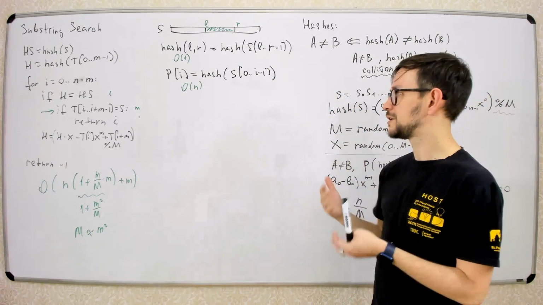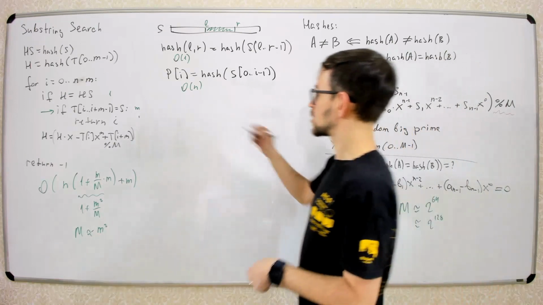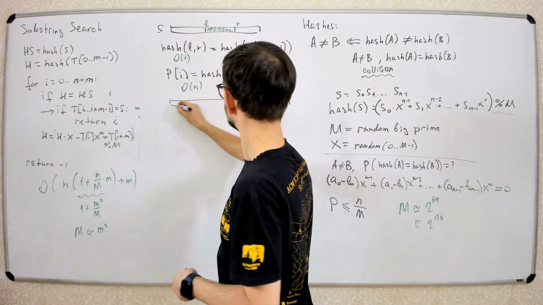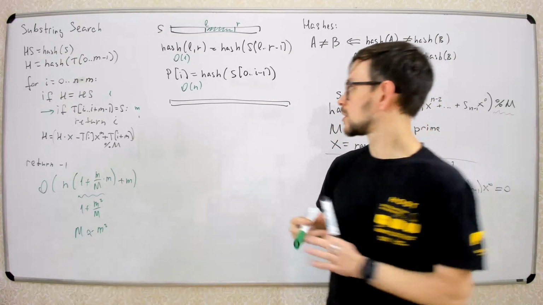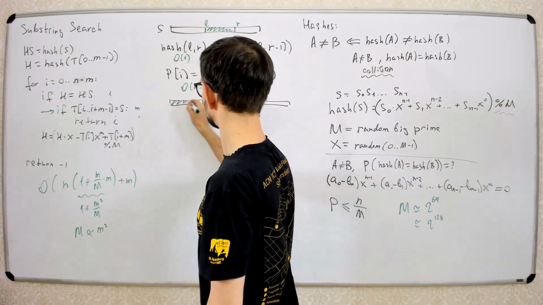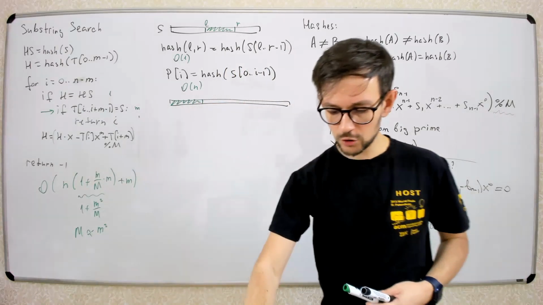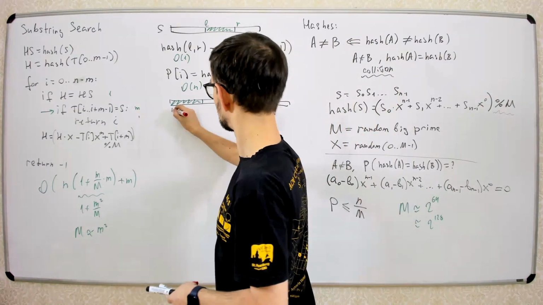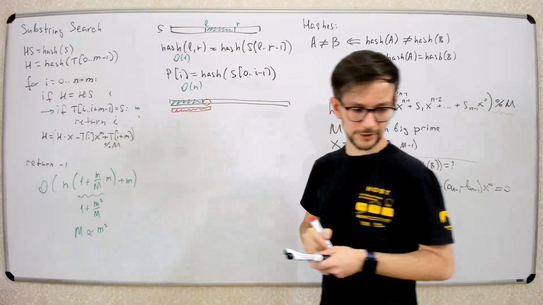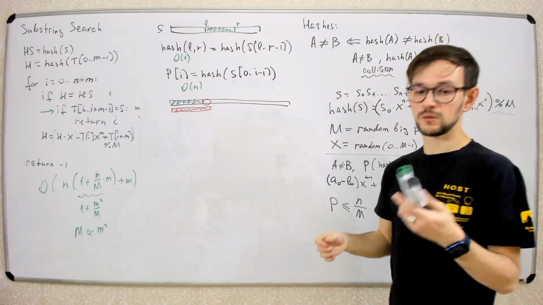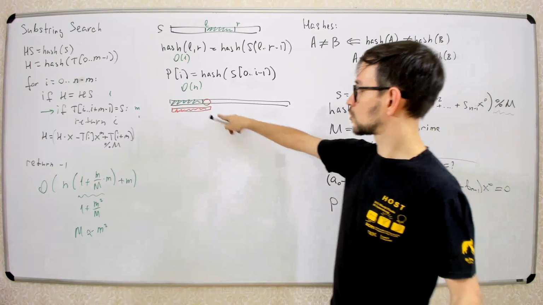It's pretty easy. The hash function of some prefix is just a polynomial. You have this polynomial, and you want to add one more letter to it. How to calculate the next polynomial?